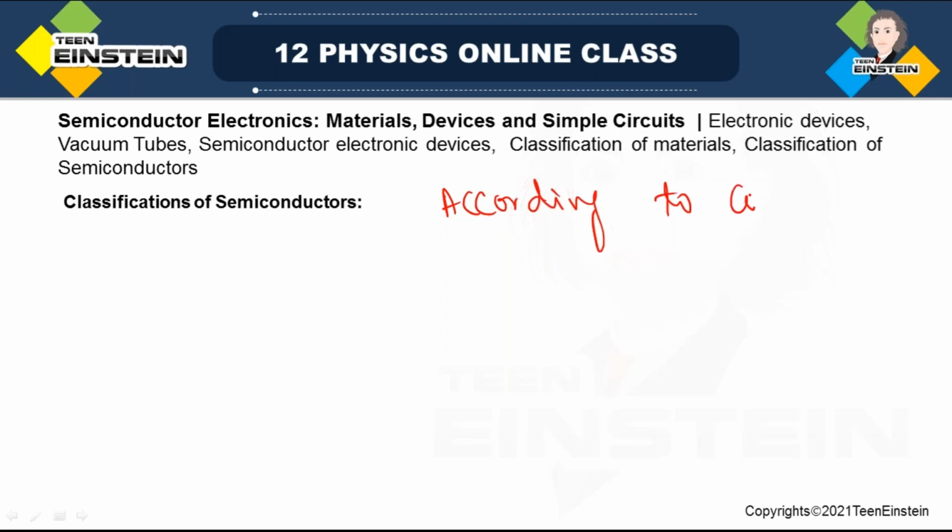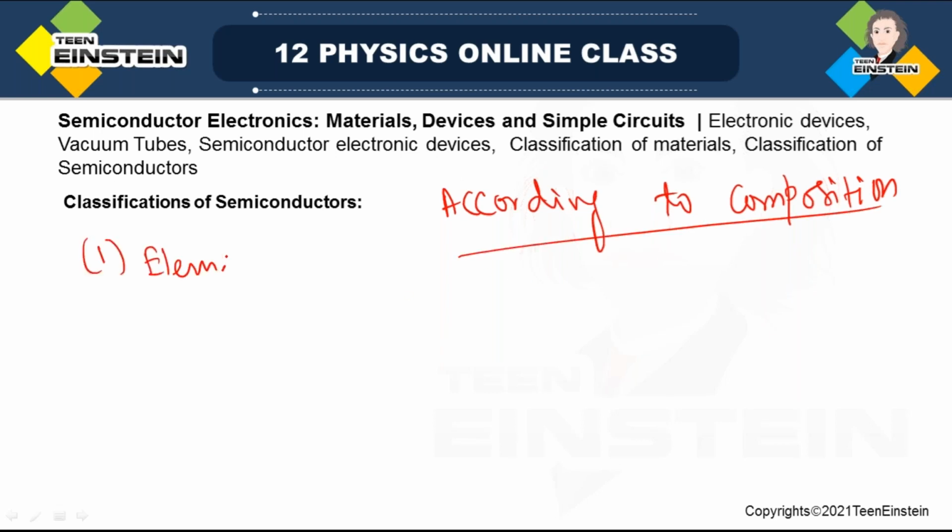According to composition, one is elemental semiconductor like silicon, germanium, then gallium arsenide, etc. Mainly these two, you remember this.